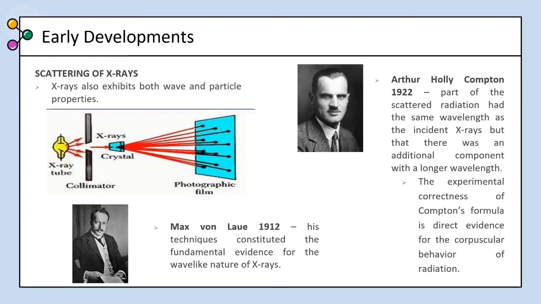In 1922, Arthur Holly Compton showed that X-rays scatter from electrons as if they are particles. Compton performed a series of experiments on the scattering of monochromatic, high-energy X-rays by graphite. To interpret his results, Compton regarded the X-ray photon as a particle that collides and bounces off an electron in the graphite target as though the photon and the electron were a pair of billiard balls.